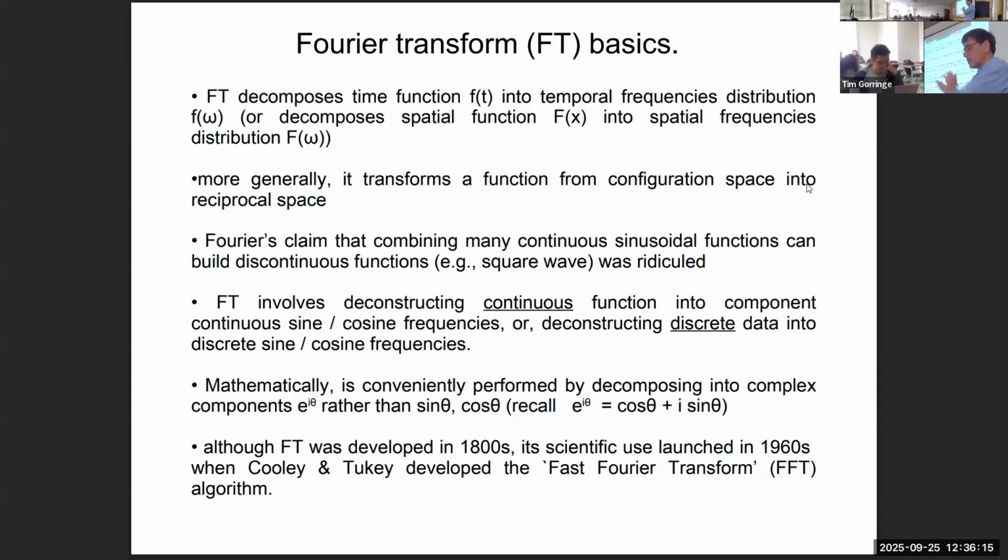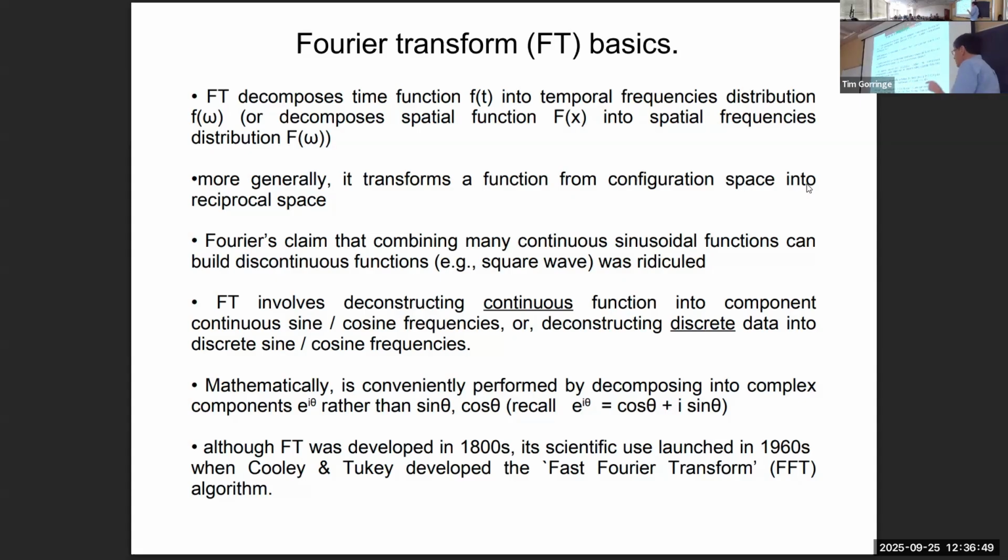More generally, the second bullet on this slide, the Fourier transform transforms a function from a configuration space, and by that we would mean time or space, or some other configuration space, into a reciprocal space. So into frequency, as in time frequency, or spatial frequency, or some other reciprocal space.